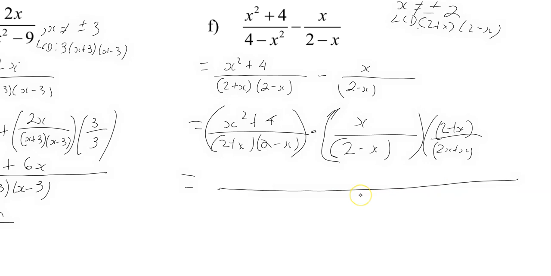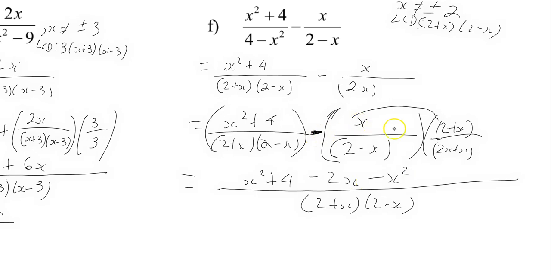Okay, let's see what we got. So in the bottom, 2 plus x, 2 minus x. That's a minus there. X squared plus 4 minus, okay, let's do this. So it's going to be minus 2x and then minus x squared.